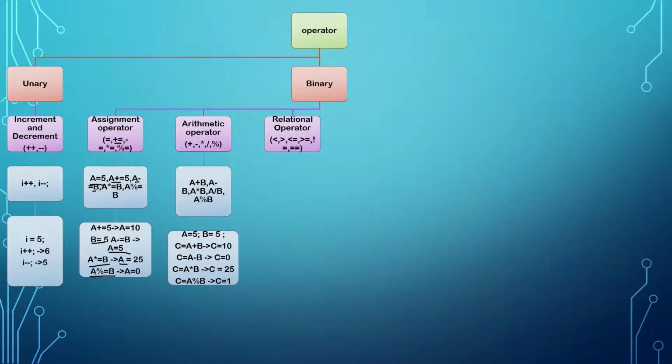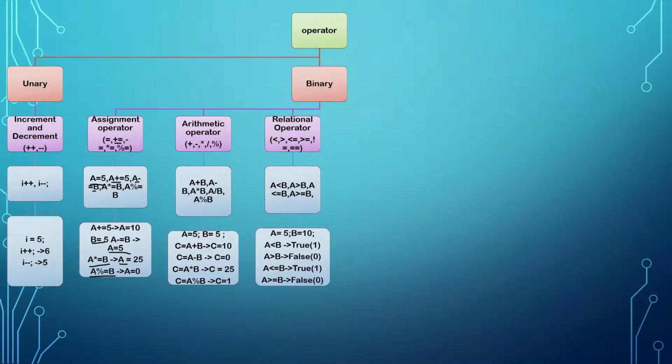The next is the relational operator. With the relational operator we compare two variables. Consider this example, a less than b. It compares two variables a and b and provides the result true or false, that is 1 or 0. If the condition is true, it returns 1.